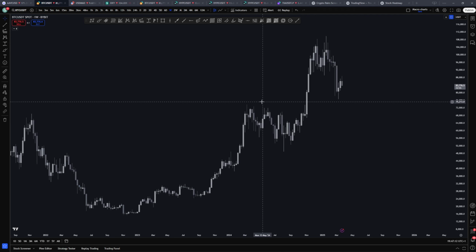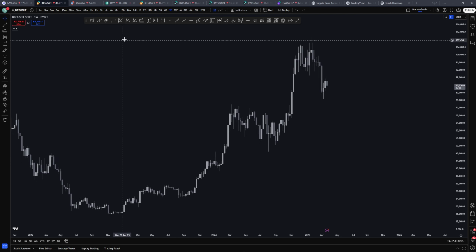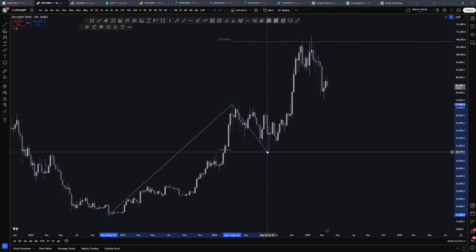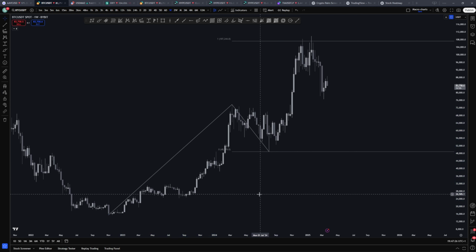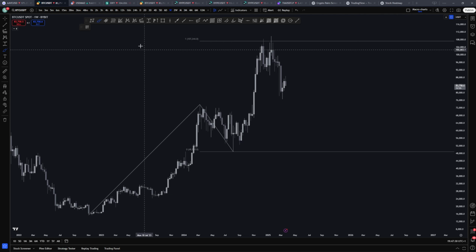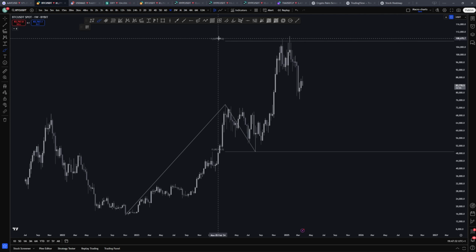This is something that works really well on a higher time frame. We can simply take the bottom of a move. We take the first point where price actually fully stagnated, and we put the last point at the bottom of a move. It's very simple. Same pattern everywhere, and you will see that more often than not, this is going to give you very, very confluent areas to look for reversals.